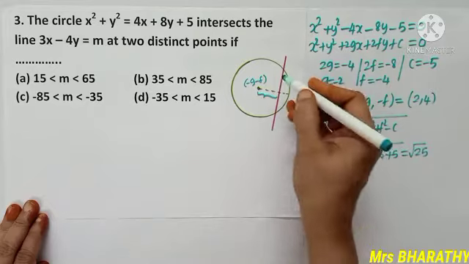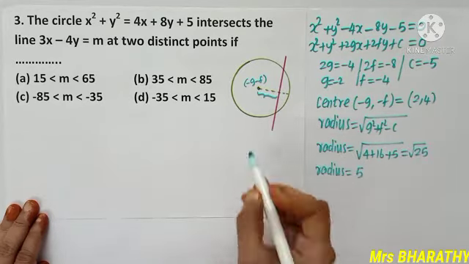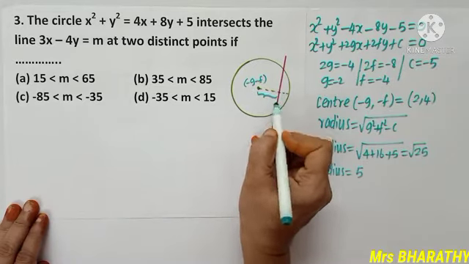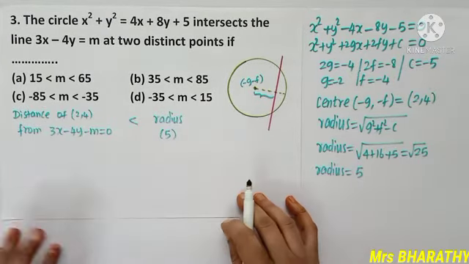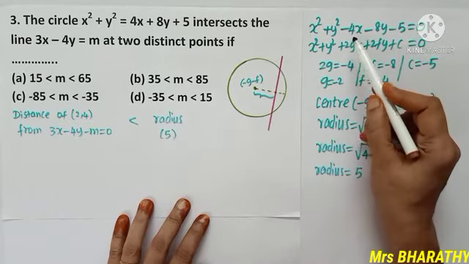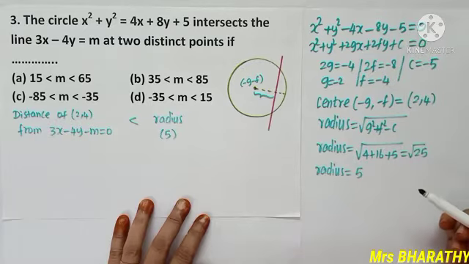If the line is cutting at two distinct points, obviously from center to the line the distance is less than the radius. As I compare the circle equation with the general equation, 2g is minus 4, 2f is minus 8, c is minus 5.